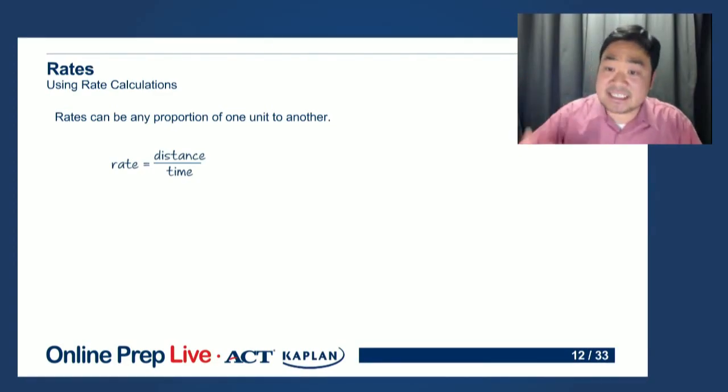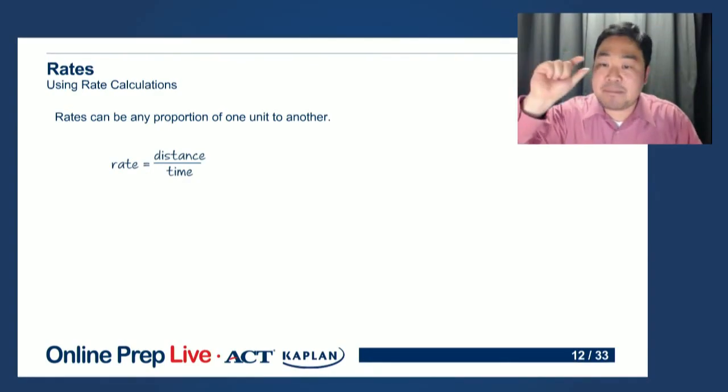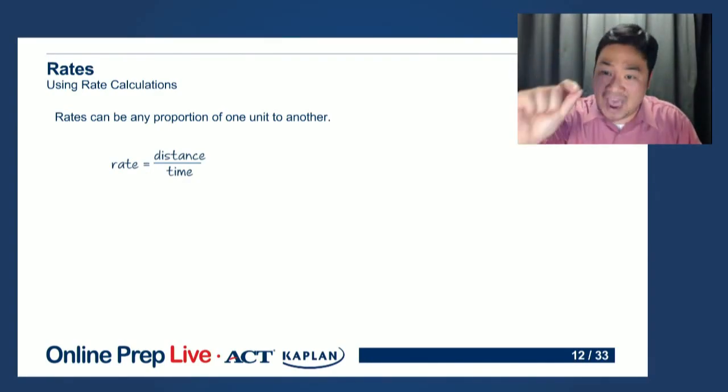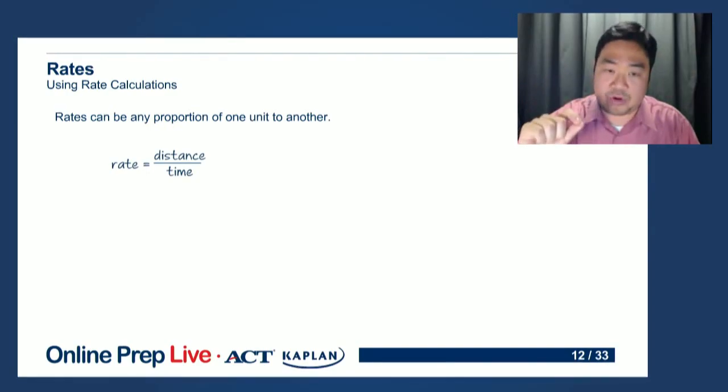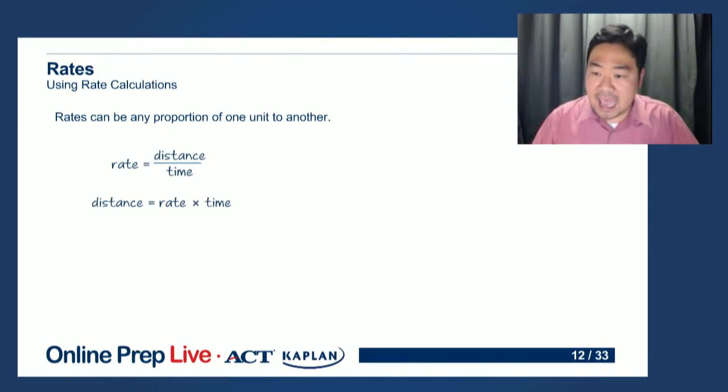So for instance, 60 miles per hour. That's a speed, right? 60 miles per hour. That means 60 miles divided by 1 hour. That's a rate. So speed is equal to distance divided by time. But if you needed to find the distance, take the speed and multiply that by the time.